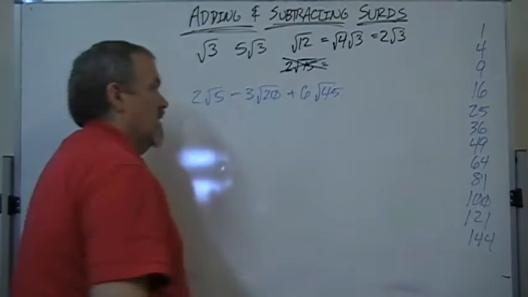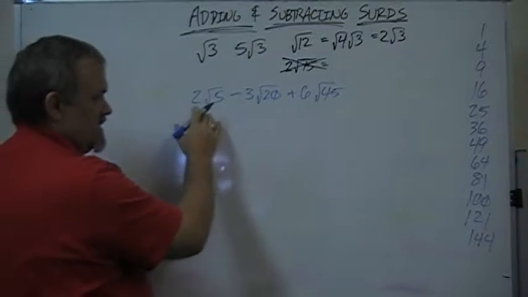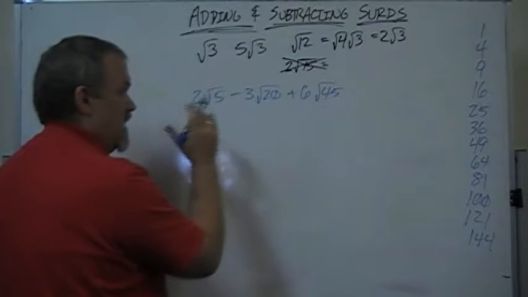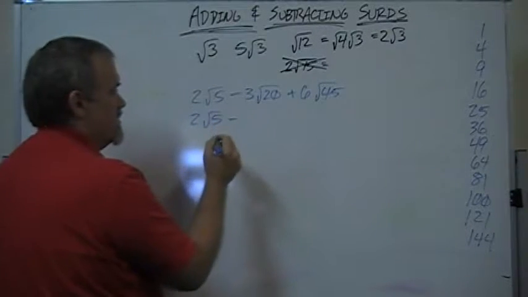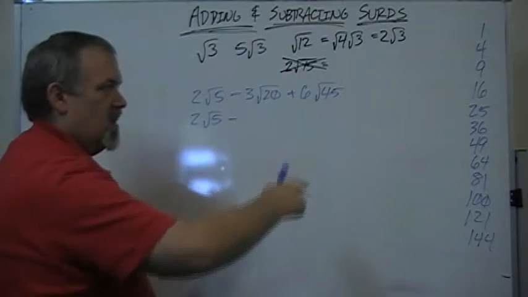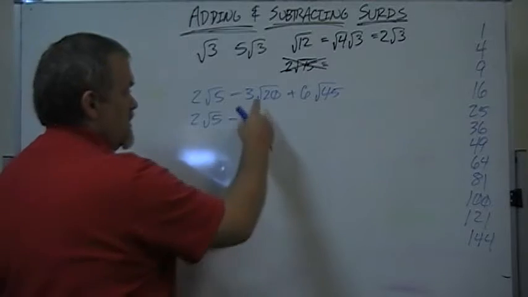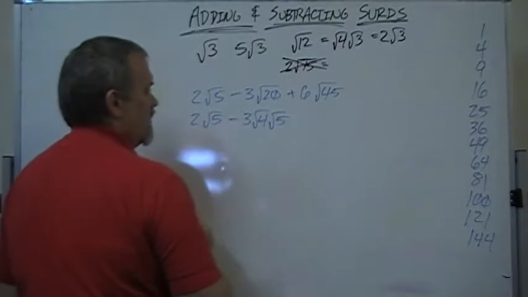Now remember our rule, we simplify all of our surds first. Is this one as simplified as it can be? Yes. 5 is a non-square number with no square factors. 20, though, is there a number over there that I can divide out evenly? Yes, 4. So this becomes 3 root 4 root 5.